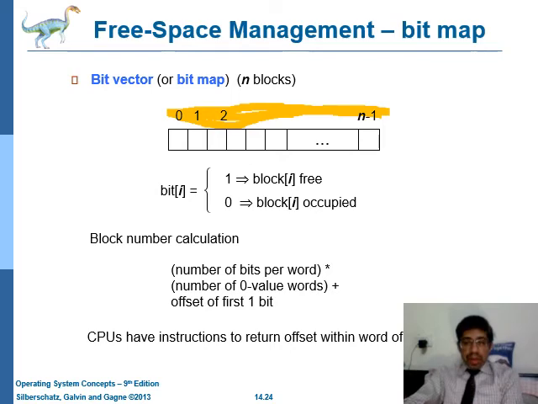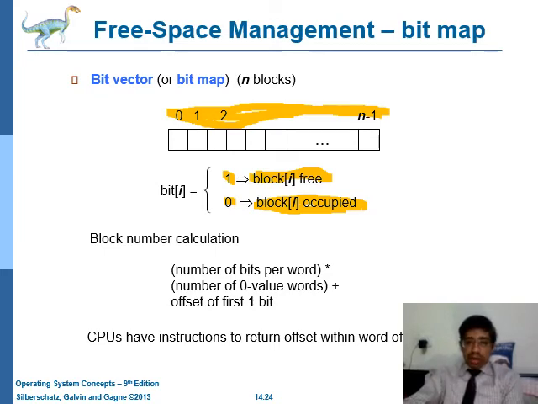So if block number I is currently not allocated to any file, then bit I will be 1, and if block I is already allocated to a file, then the status would be represented by the corresponding bit I as 0.